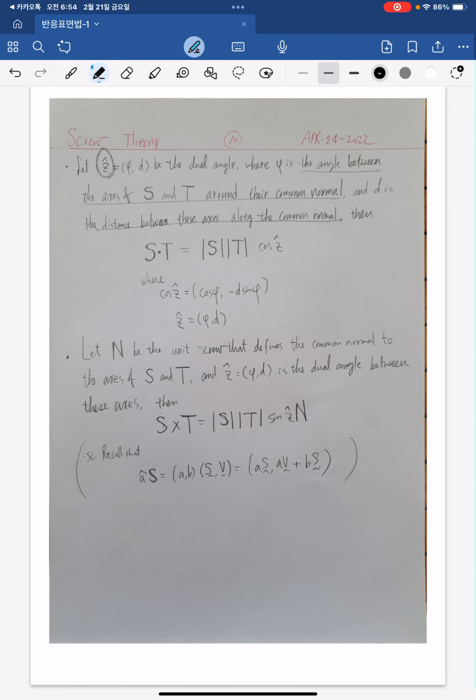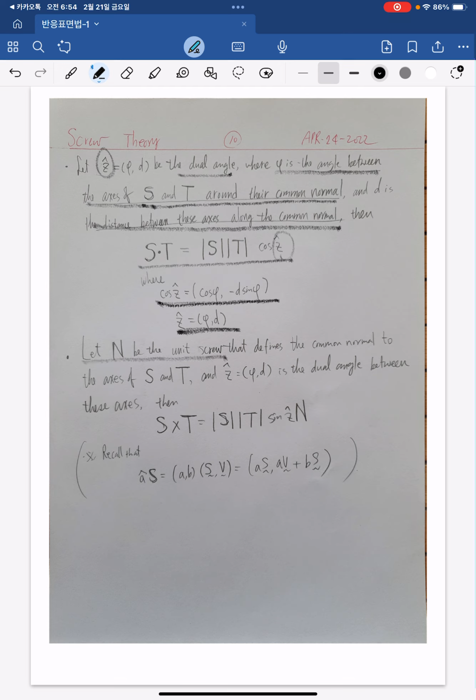Let ẑ = (φ, d) be the dual angle, where φ is the angle between the axes S and T around their common normal, and d is the distance between the axes along the common normal. S·T = cos ẑ is defined this way.